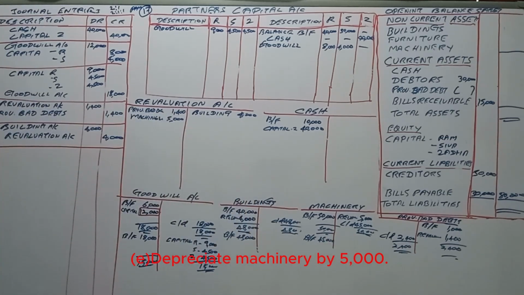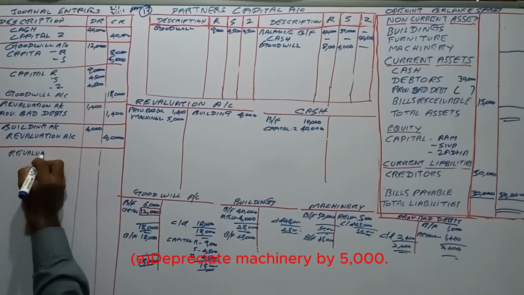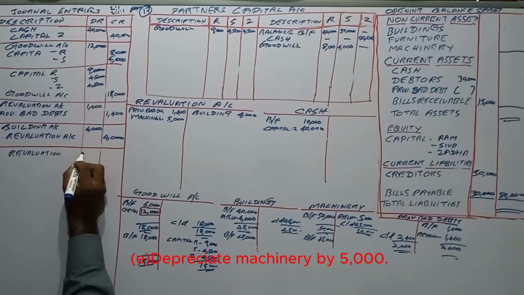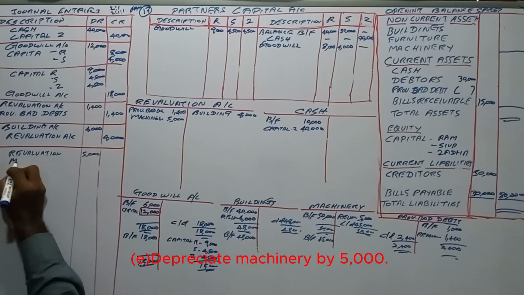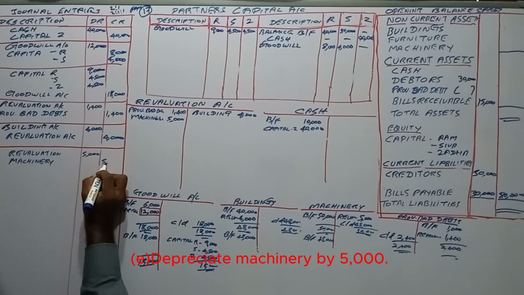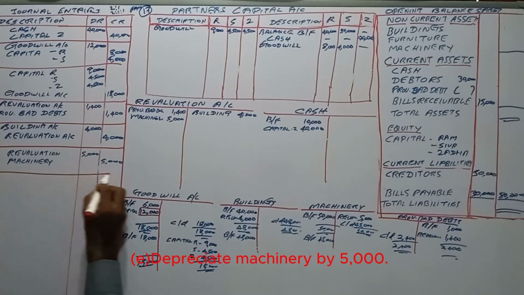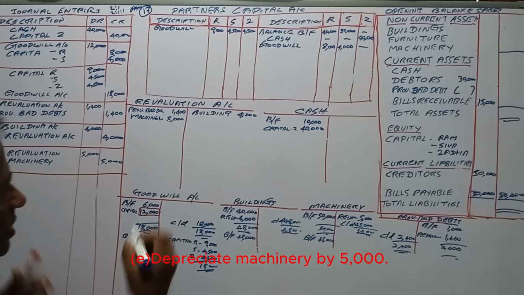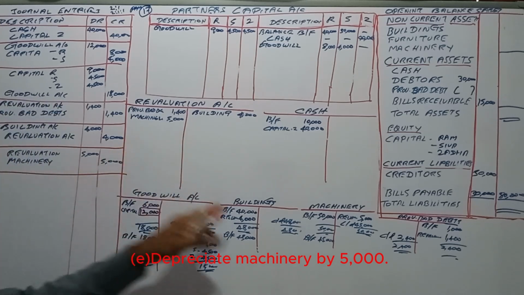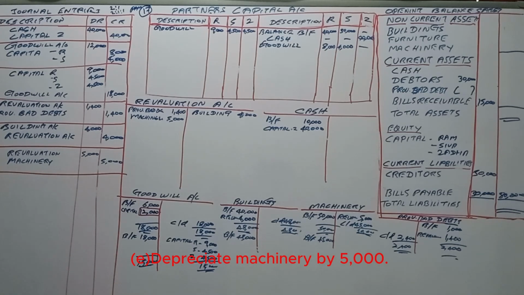Number 6: machinery, revaluation account debit 5,000. So you know the narration. Write down the narration. Machinery we have done. Pass the entries in the T accounts. Journal entry also has finished.